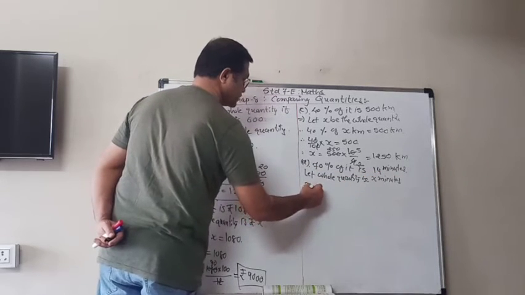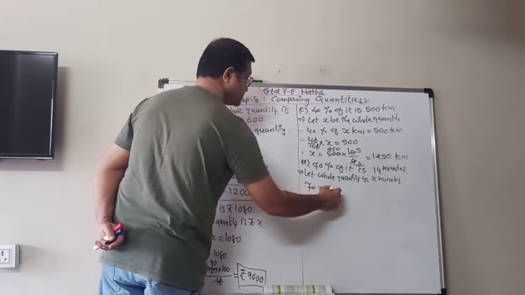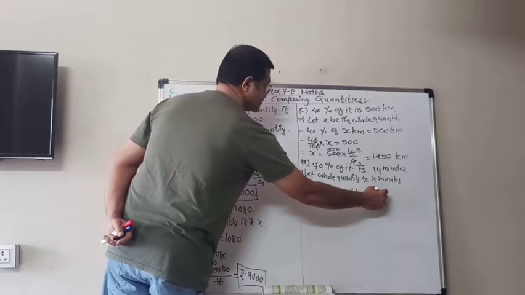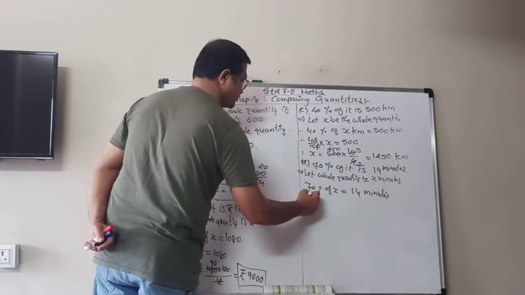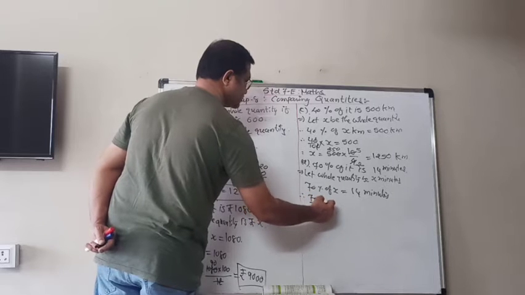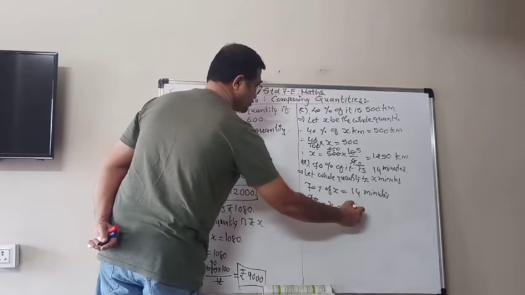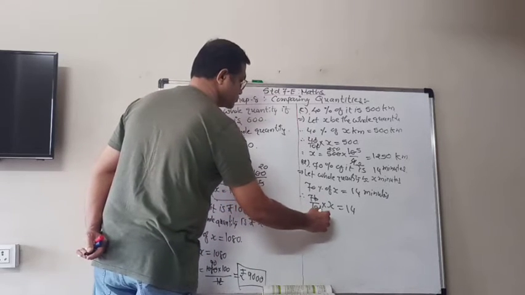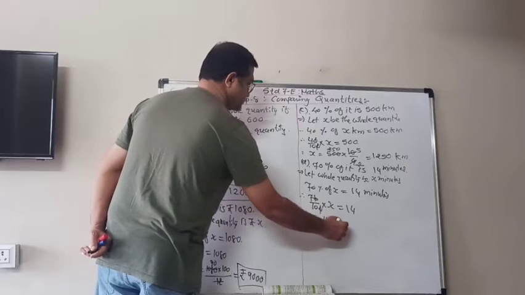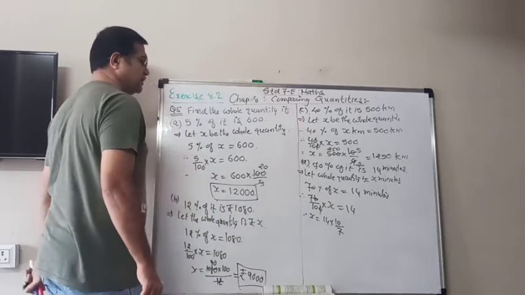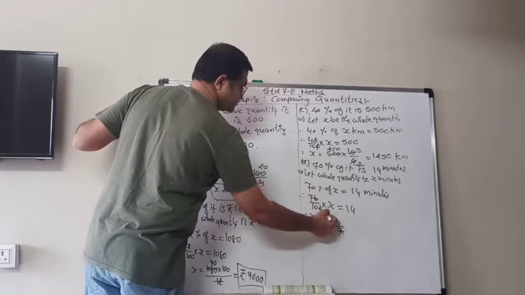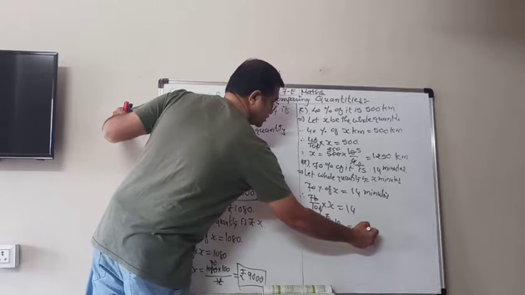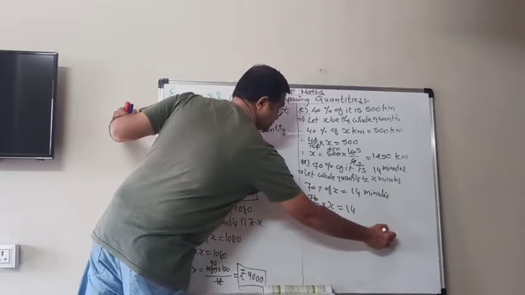So 70% of x is 14 minutes. Therefore 70 upon 100 multiplied by x is equal to 14. So x is equal to 14 into 10 upon 7. 7 twos are 14. So that is equal to 10 twos, 20 minutes.